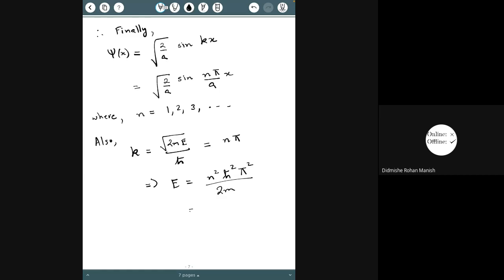I can cancel pi squared from h cross squared, and h cross is h by 2 pi. So I end up with n squared h squared by 8 m a squared. So I get the energy and the wave function corresponding to each other.